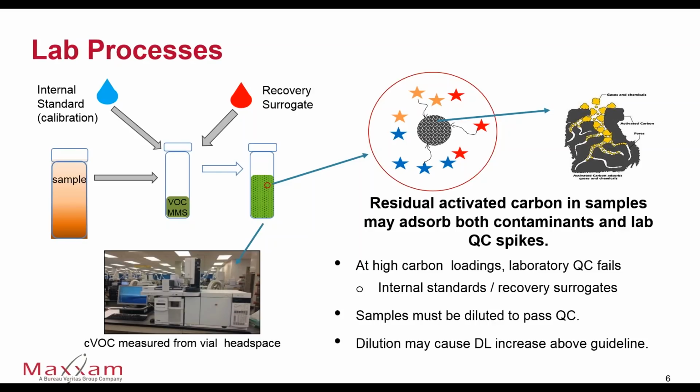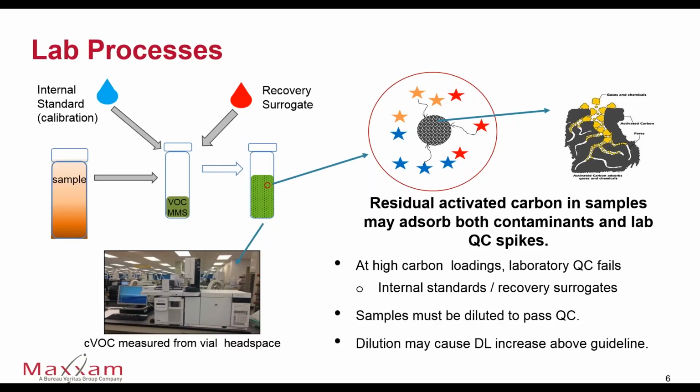We mix the sample with a salt solution called matrix modifying solution. What the salt does is push the volatile organics into the headspace of that vial so that they're more easily measured to low detection limits. At the same time, we also add some laboratory standards. On the left, you'll see internal standards.